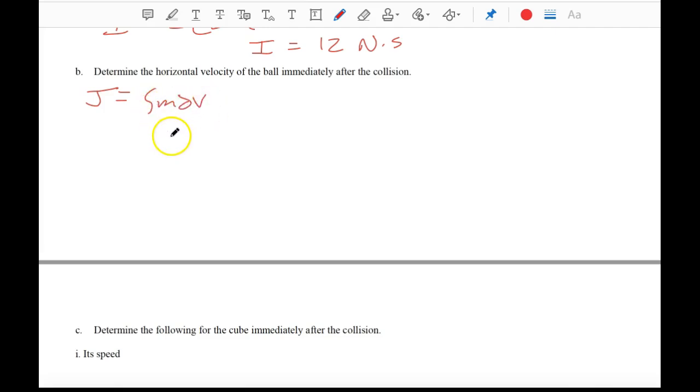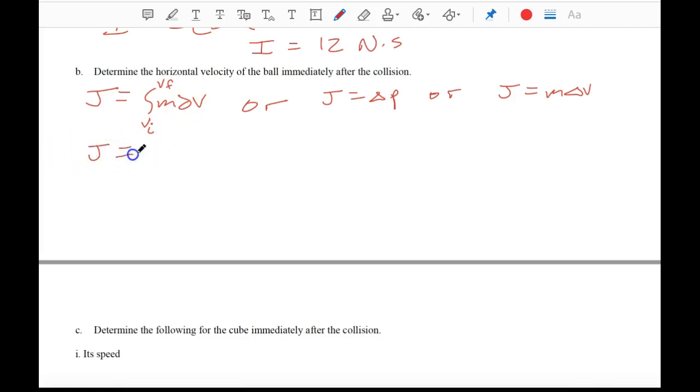So that's mass times the change in velocity, going from an initial velocity to a final velocity. Or you can just write J is equal to delta P, or you could write J is equal to m delta v. So remember, when you do integrals, you have to use dv. If you try to put delta v here, it wouldn't make sense, and if you put a triangle here, it won't make sense. So be very, very careful with that.